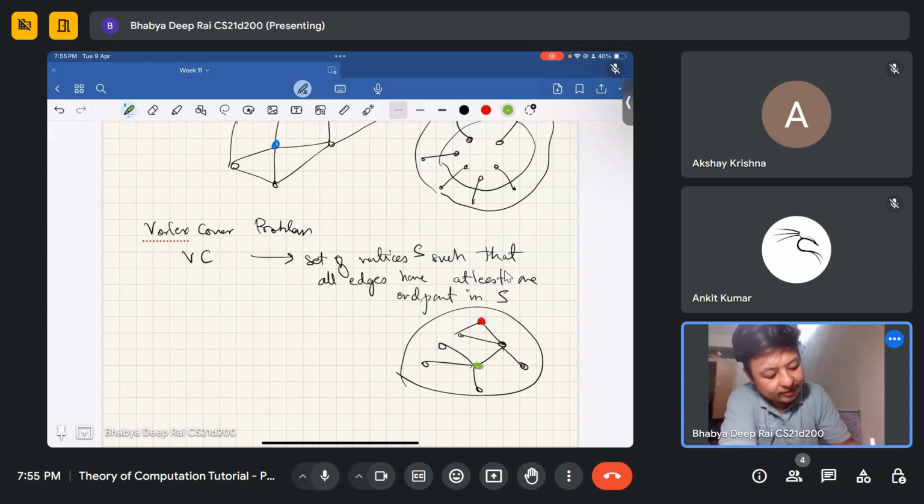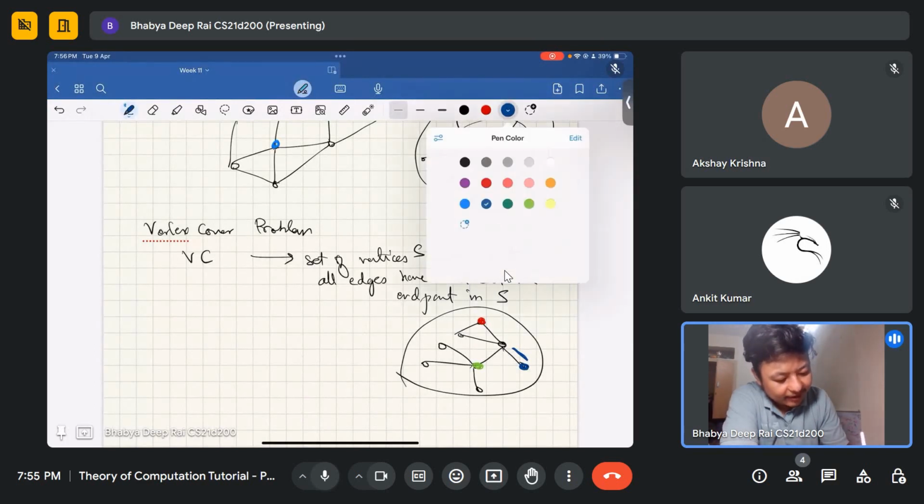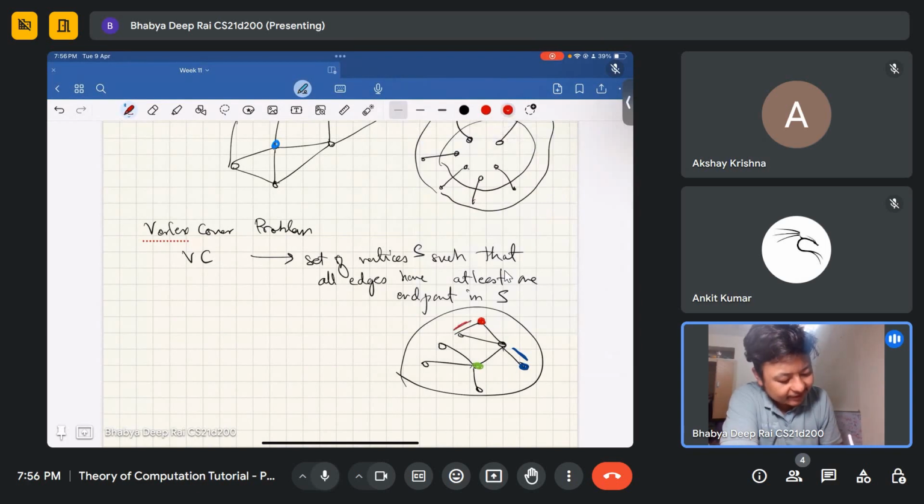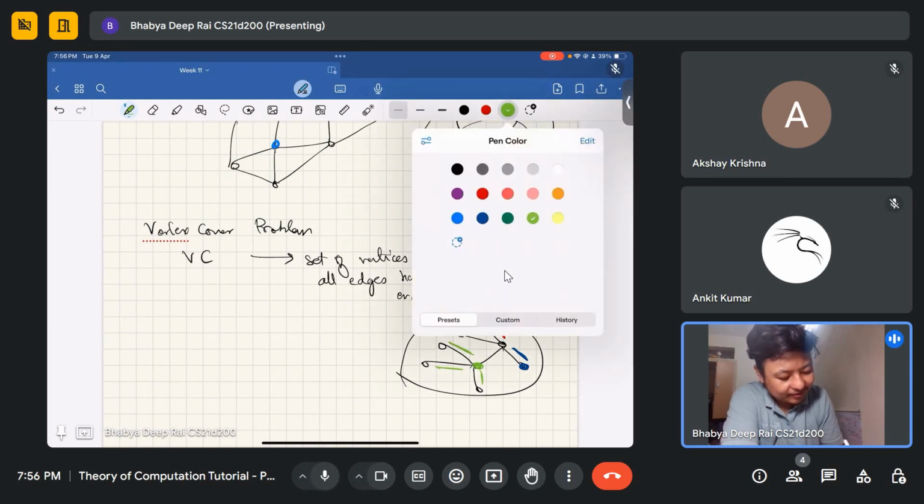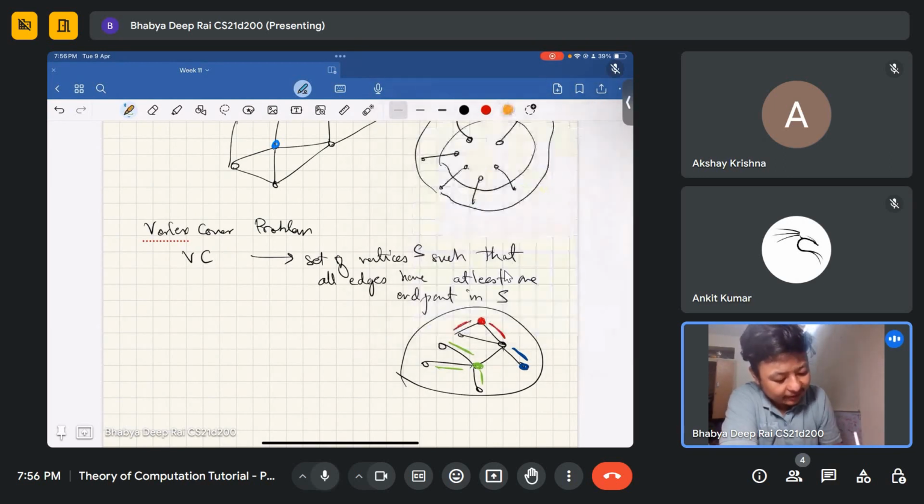I'll color this green and I'll color this blue, because this blue guy covers this edge, and the red guy covers this edge and this edge, and the green guy covers this edge and this edge and this edge. There needs to be one more, and the orange guy covers this edge and this edge also. So actually a better vertex cover is if I remove this.